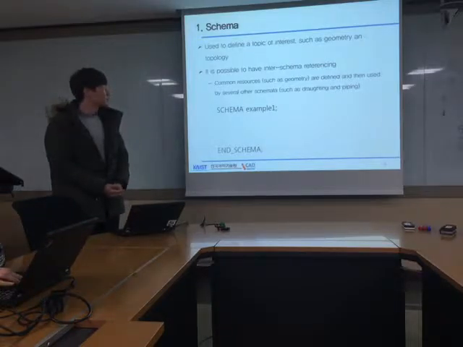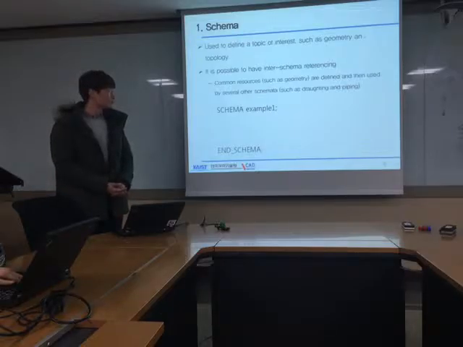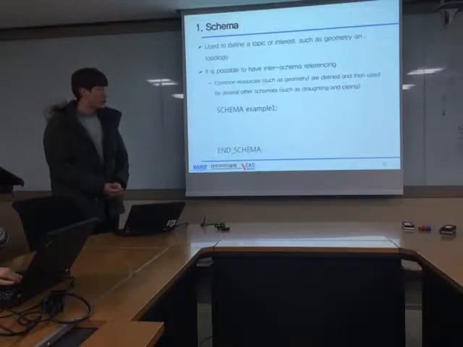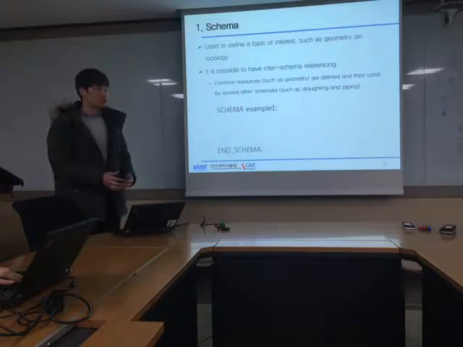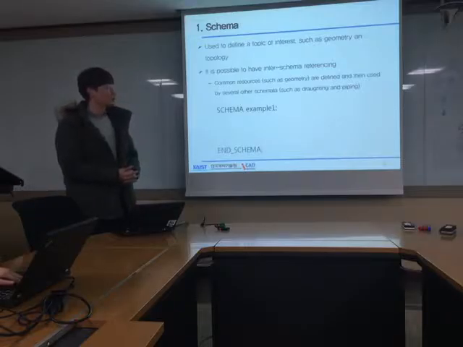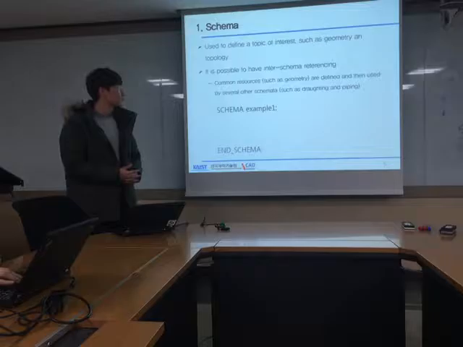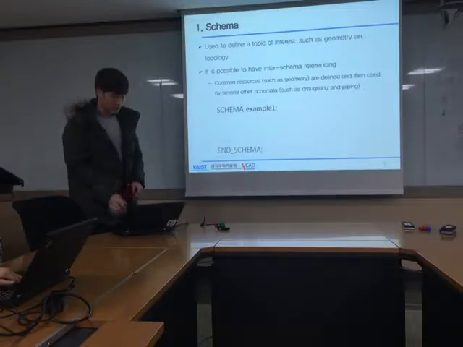And it is possible to have inter-schema referencing. For example, first we make a schema such as geometry, and we can use it in other schemas, such as routing and piping.